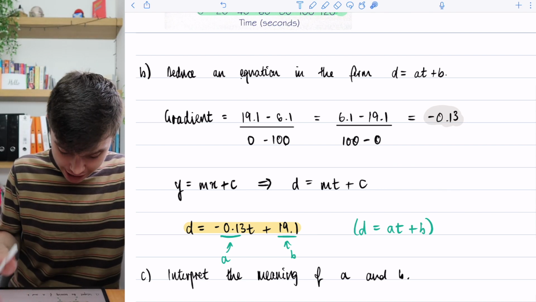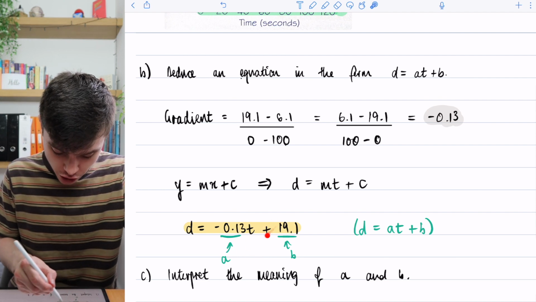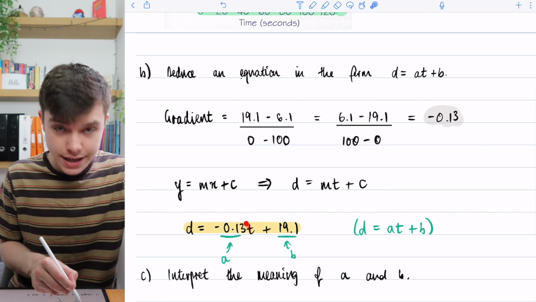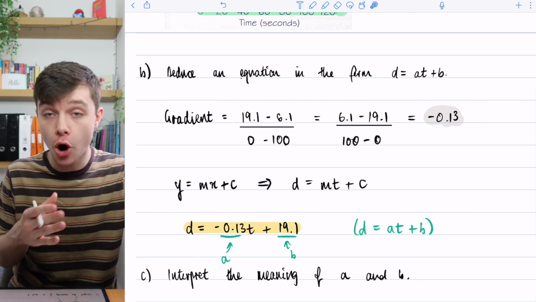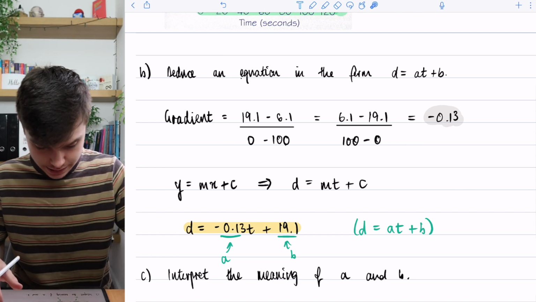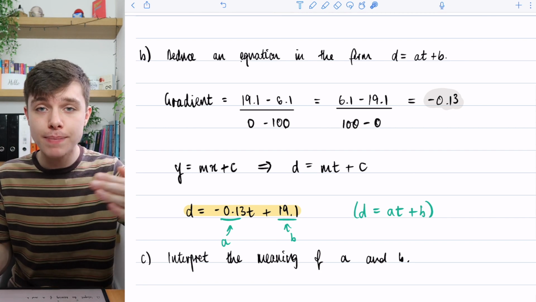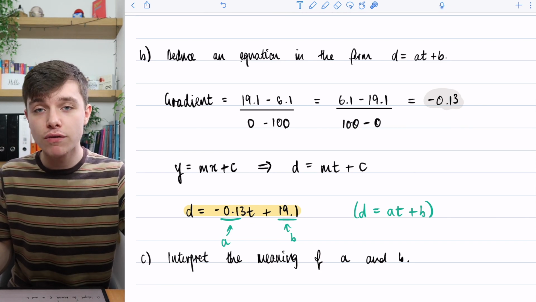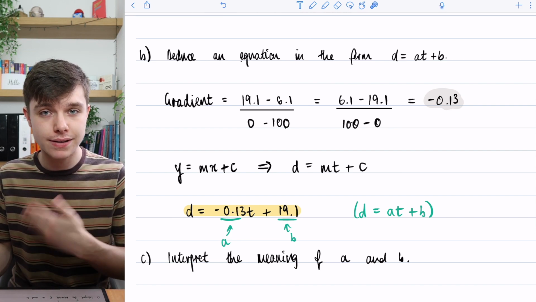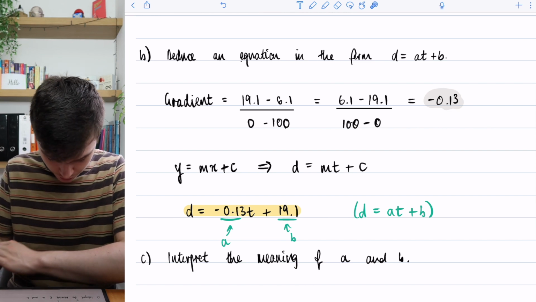If we were to set time to be equal to 1, ignoring this value just for a minute, we can see the depth of water will decrease by 0.13 centimetres. Is it centimetres? Yes, I think it is. So as we increase by 1 second, the depth of water is decreasing by 0.13 centimetres, or increasing by a negative depth, okay.